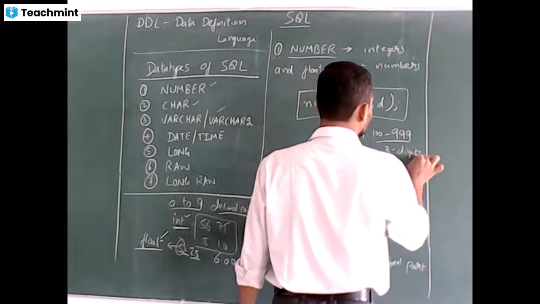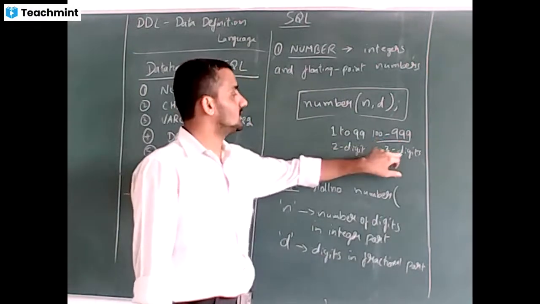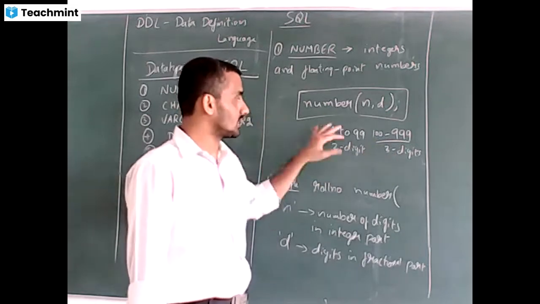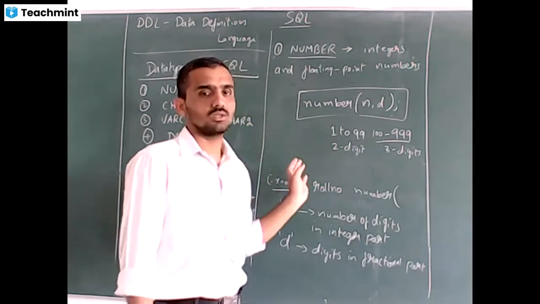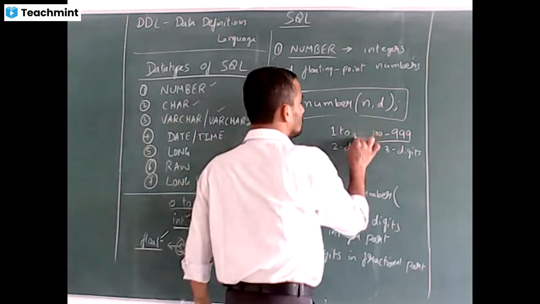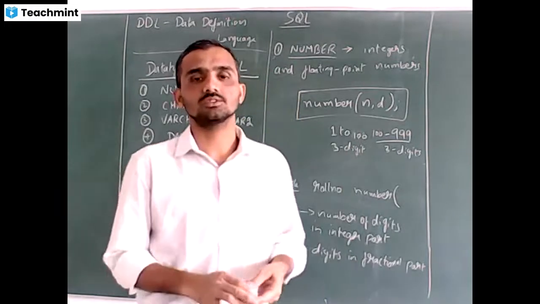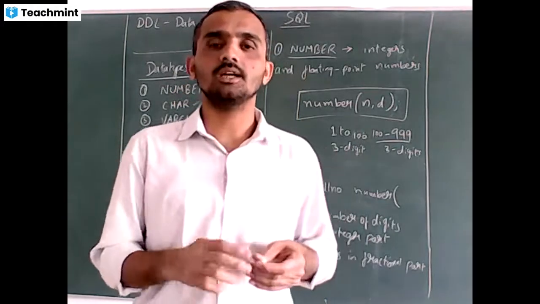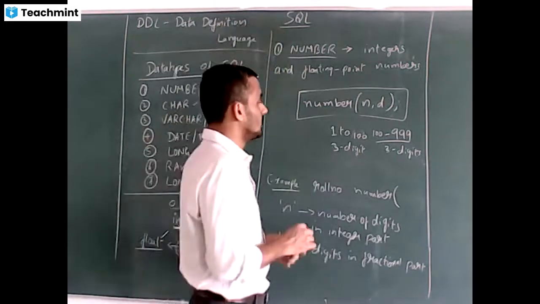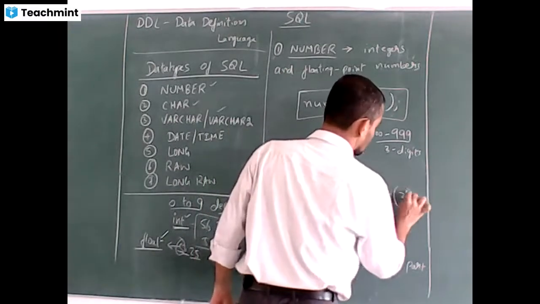That means if there are 999 students in a class, then you should use a 3-digit number as the roll number. If there are 99 students, you use a 2-digit number. If there are 100, I have to use a 3-digit number only. If there are only 8 or 9 students, then a single-digit number as the roll number.